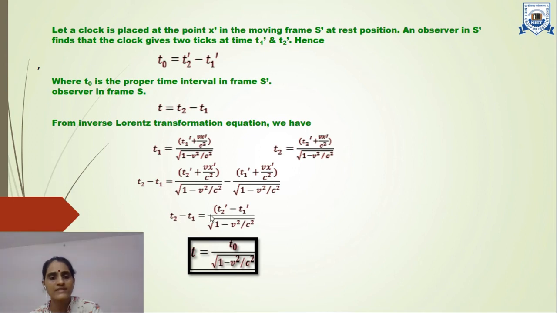So t2 minus t1 comes out to be t2 dash minus t1 dash, whole divided by root 1 minus v square by c square. And t2 dash minus t1 dash is nothing but t naught, which is the proper time interval observed in the frame S dash where the event is happening. So t is equal to t naught upon root 1 minus v square by c square. This is known as the time dilation equation.